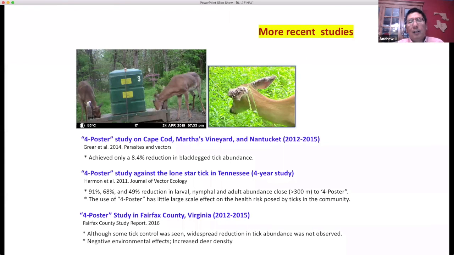The results were kind of disappointing. They found little effect in terms of reducing tick population. In Tennessee, they mostly studied the lone star tick.